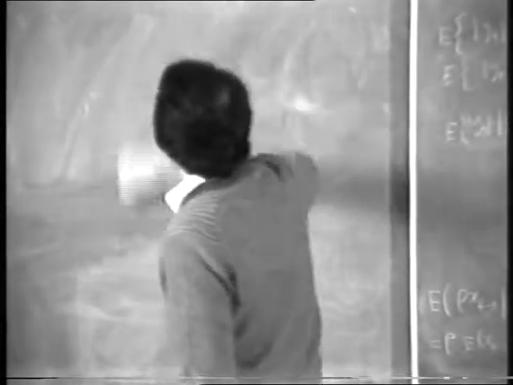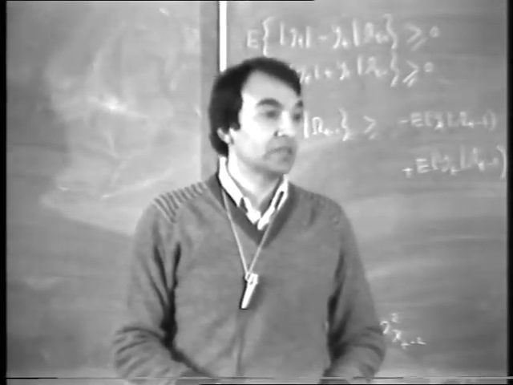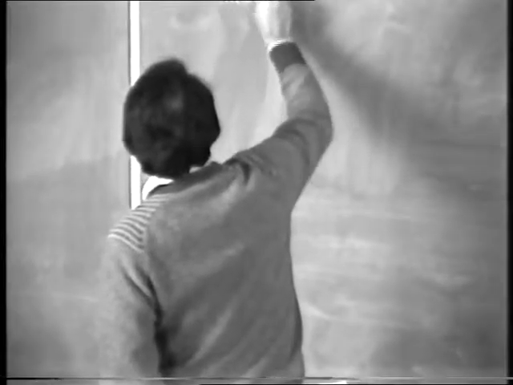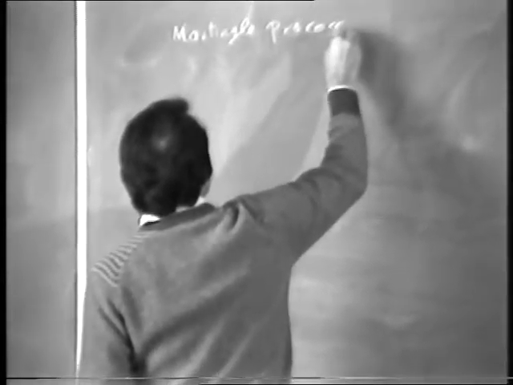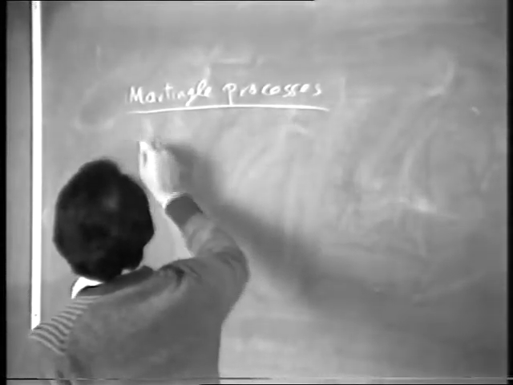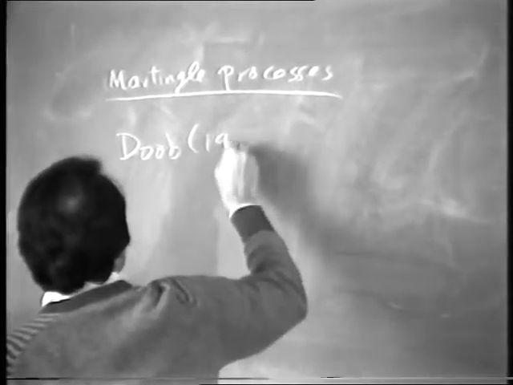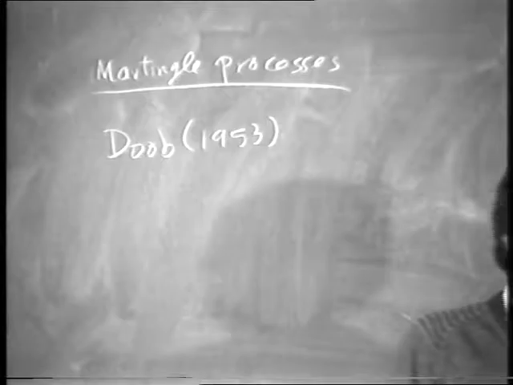Let me say a few things about what a martingale is and what the properties of martingales are. Now, the classic reference, I should say, on this is Doob's 1953 book published by John Wiley.